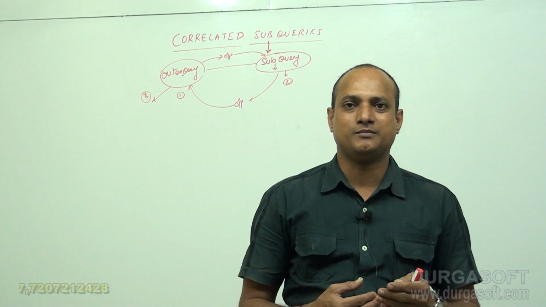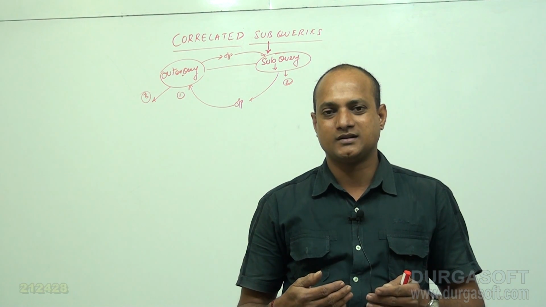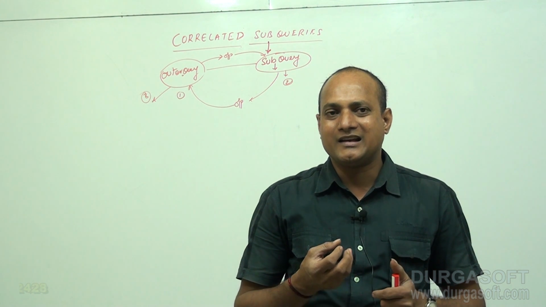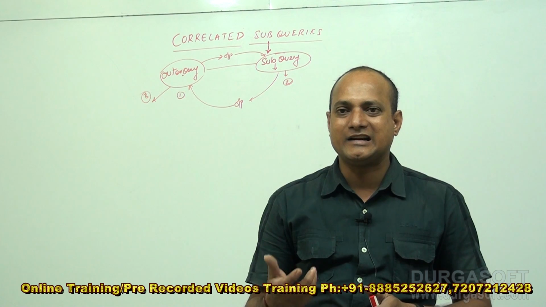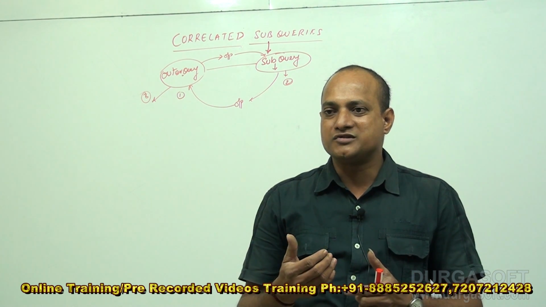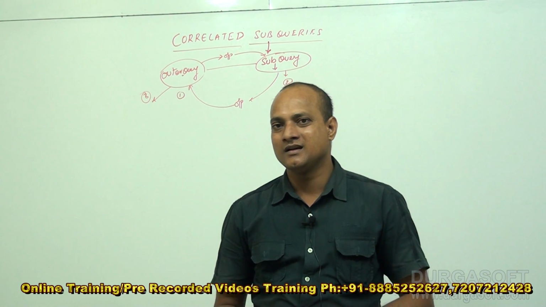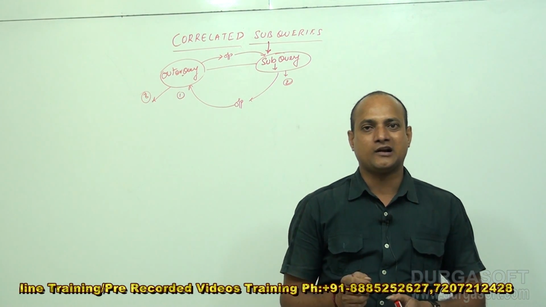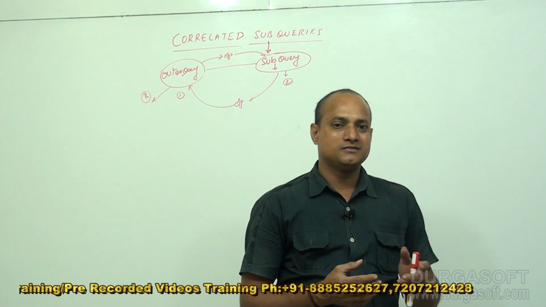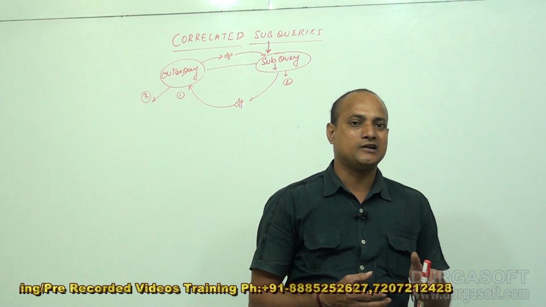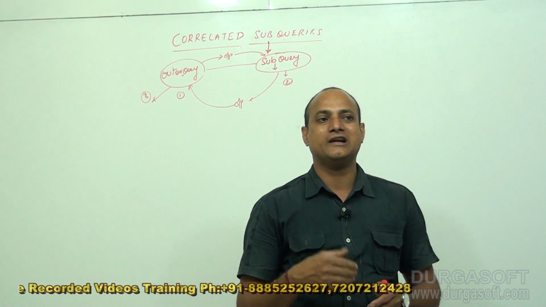After some time, the banking people want to analyze their banking products. Is there any type of account which is not opted for by at least one customer? If they want to find out that information, then they have to write a correlated subquery.